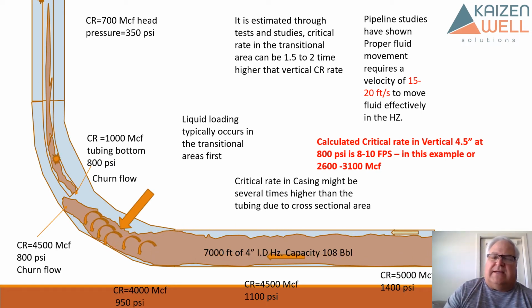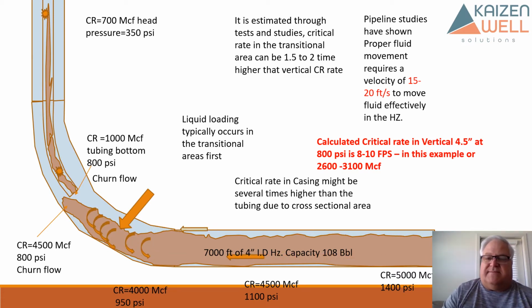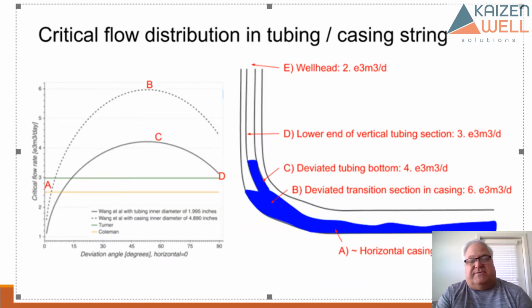So even though when we look at critical rates, it says it's much lower than that, if we look at 15 to 20 feet per second in this horizontal section here, it's a significant rate. I mean, 4.5 to 5 million standard cubic feet a day just to move fluid efficiently through there. That doesn't mean that it's not moving fluid, but it's sweeping the stuff on the surface. You're getting separation, which is building up in the lower areas and the valleys of your horizontal section.